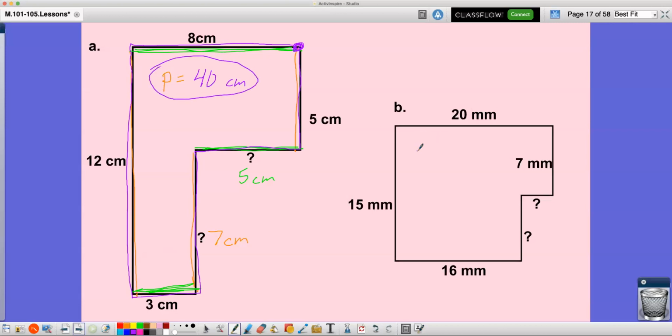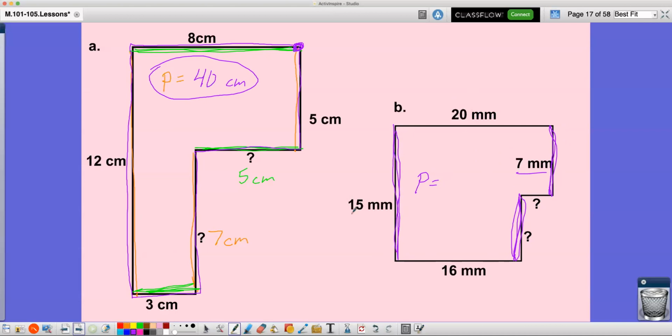All right, let's do B. What's the perimeter of this complex shape? All right, again, so I've got some unknown values here. Let's say this vertical line right here is unknown. I know this vertical line is 7 millimeters. It says it right here. And I know this vertical line is 15 millimeters.